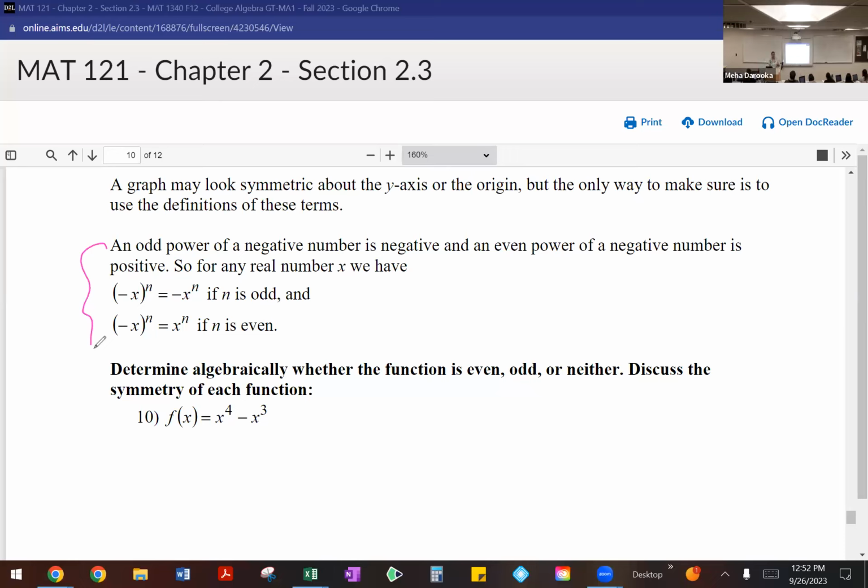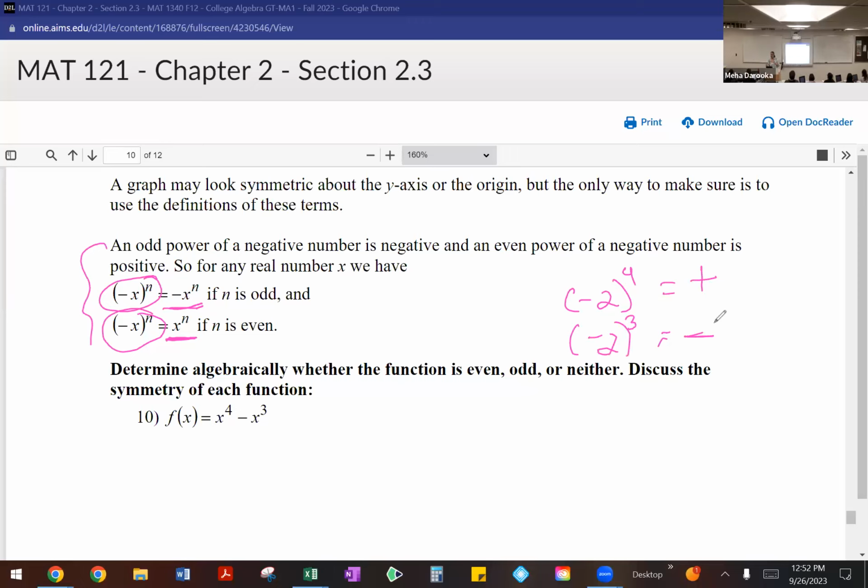So the idea is if you have a negative base with an odd exponent, you will end up getting a negative answer. If you have a negative number with an even exponent, your answer will come out to be positive. And we know that's true. Think about -2 to the 4th power and -2 to the 3rd power. This is going to give you a positive answer. This is going to give you the negative answer.